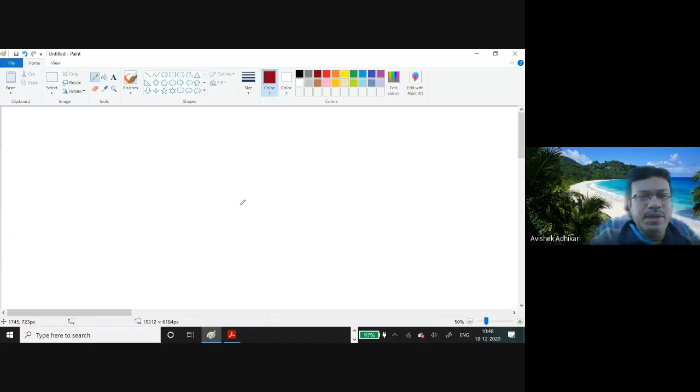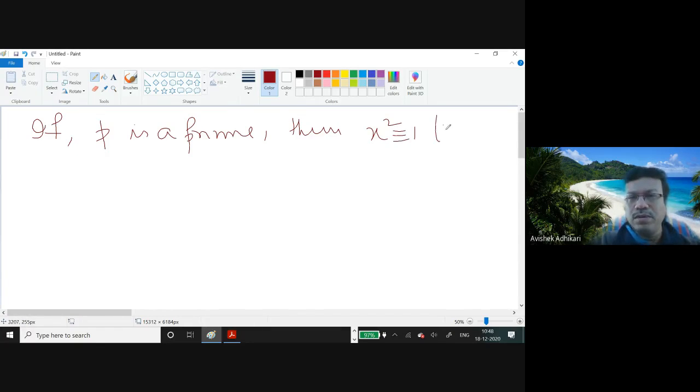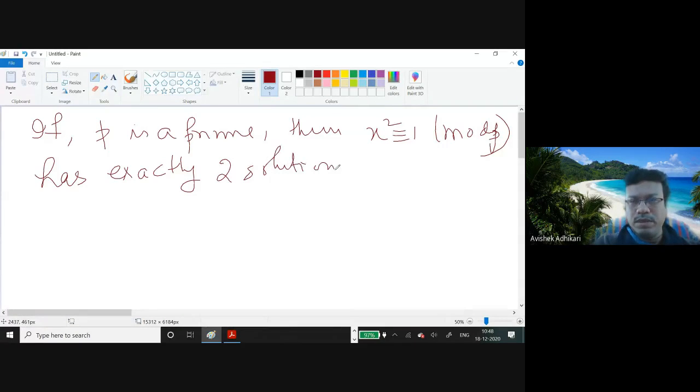If P is an odd prime, it happens with any prime, then x square congruent to 1 modulo P has how many solutions? It has exactly two solutions, namely 1 and minus 1.